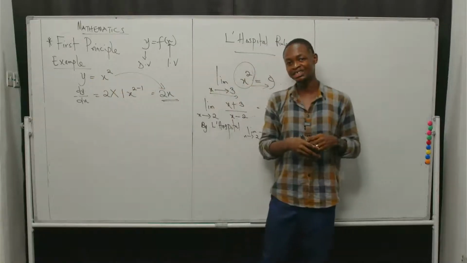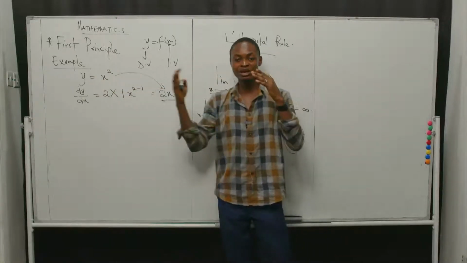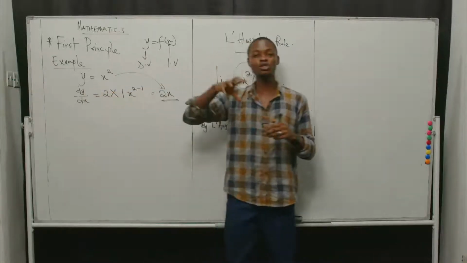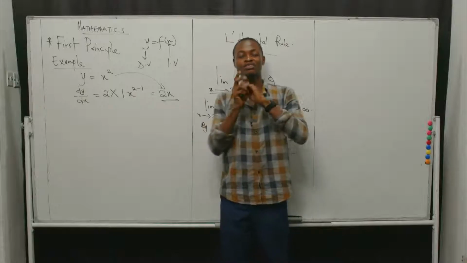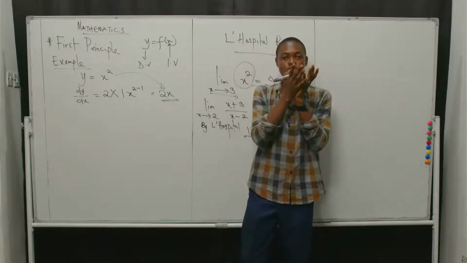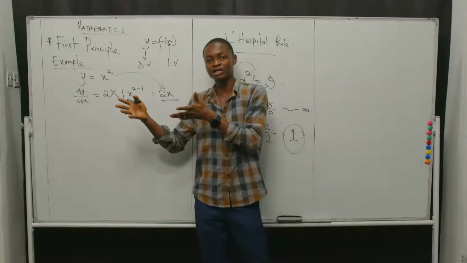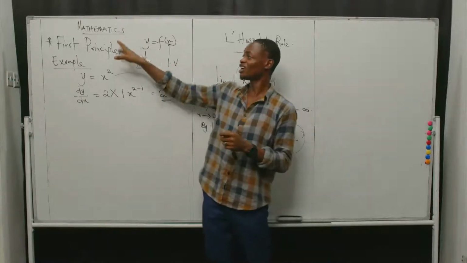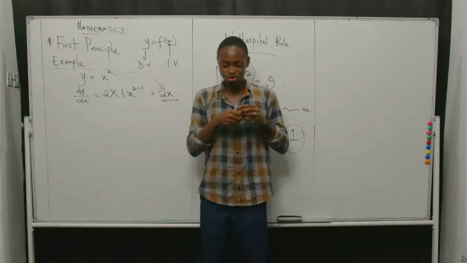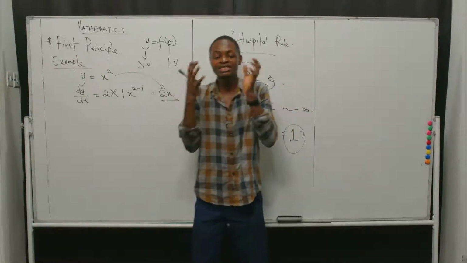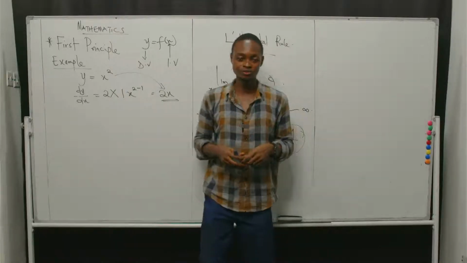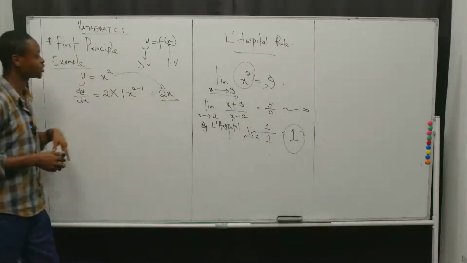Later on, we'll see exactly what that means when we start considering total derivatives and partial derivatives. This means you have considered all the possible changes that y can go through with respect to x. However, when we talk about first principle, we are considering the smallest possible change, those individual changes that you add up together to get the total change. So that is exactly how first principle is formed.